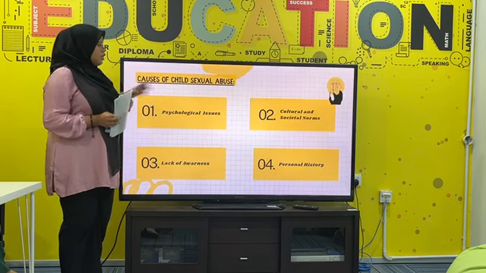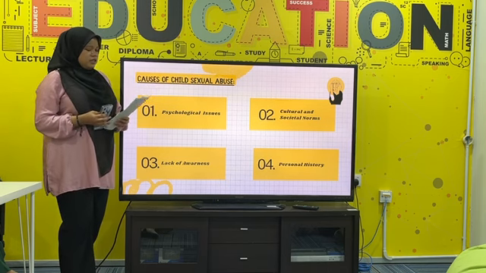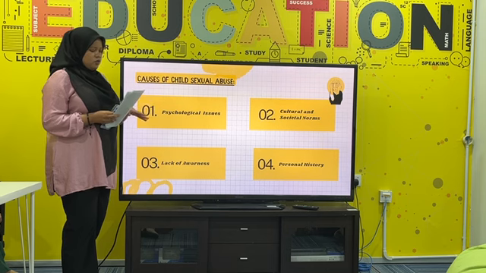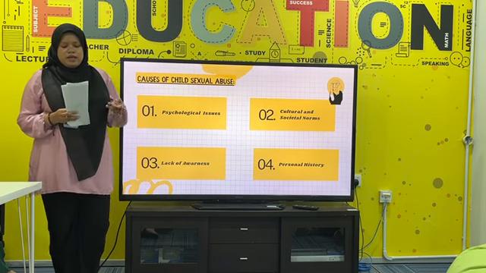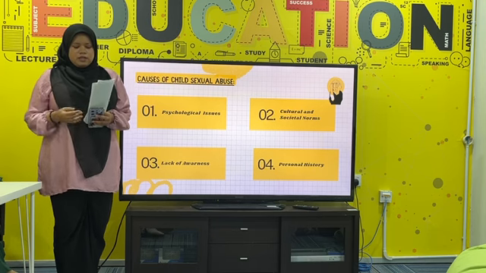Okay, these are the causes of child sexual abuse. First, psychological issues. Abusers, or individuals who commit this act, often have complex and disturbing mental patterns.